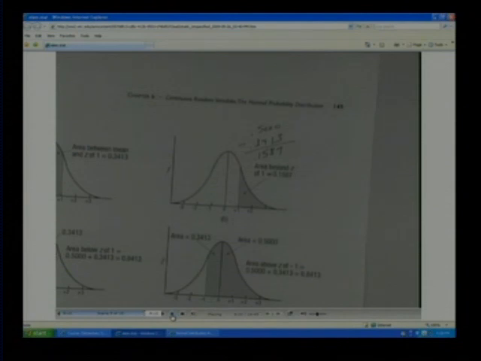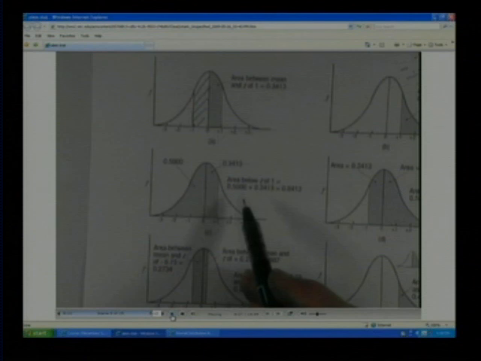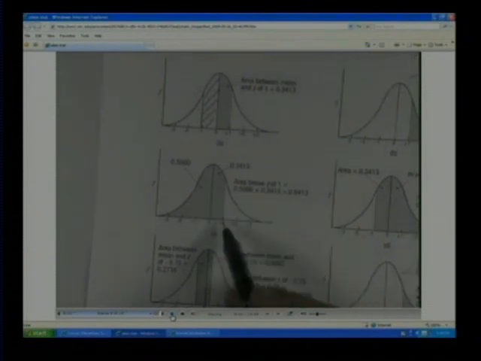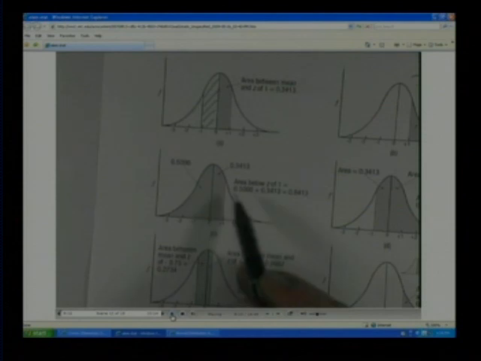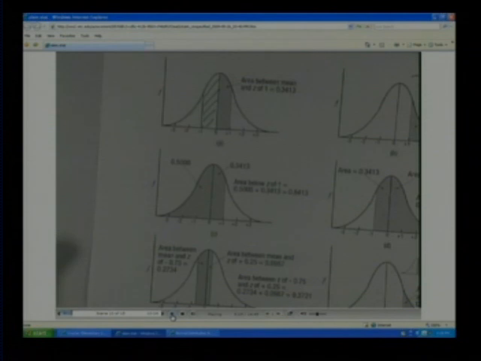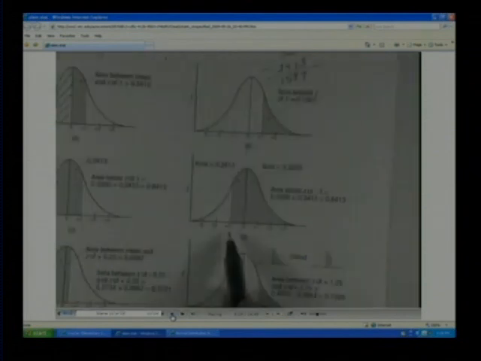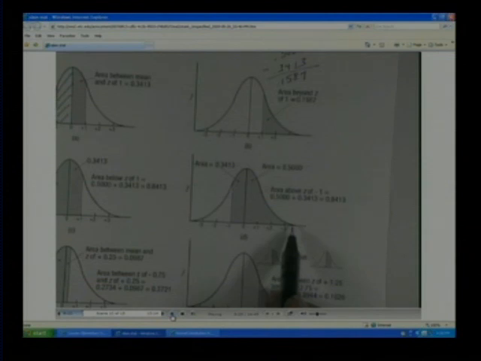Moving right along here, if we wanted to get the area that's to the left of this, we'd have to add 0.5 onto this, so we'd get 0.8413. If we want to get the area that is to the right of a z that has a value of -1, again, it would be the same value, because we're adding 0.3413 to the 0.5 here.